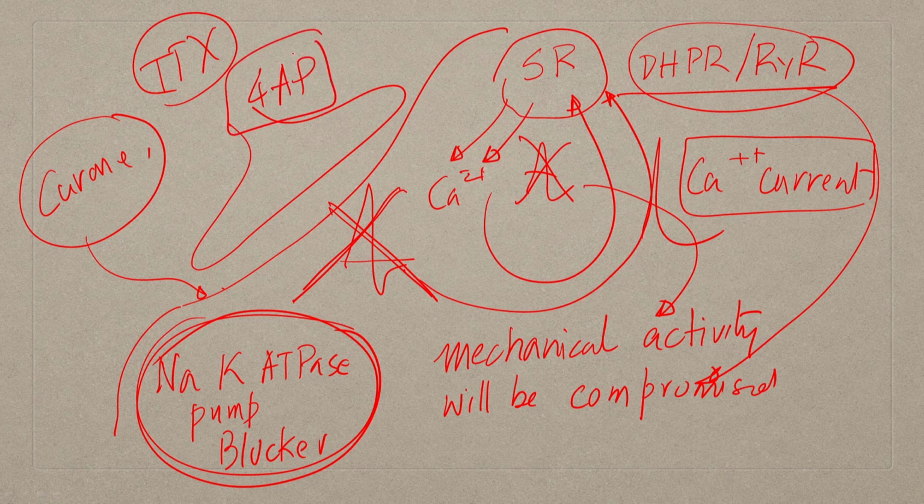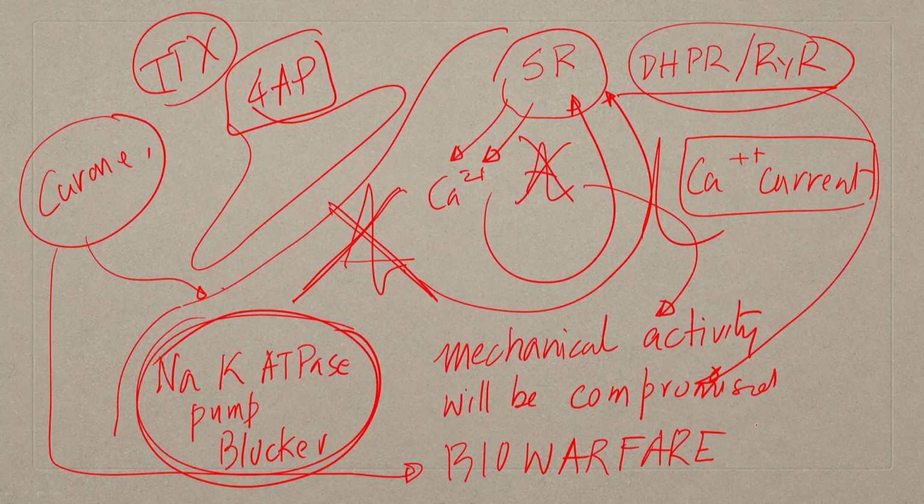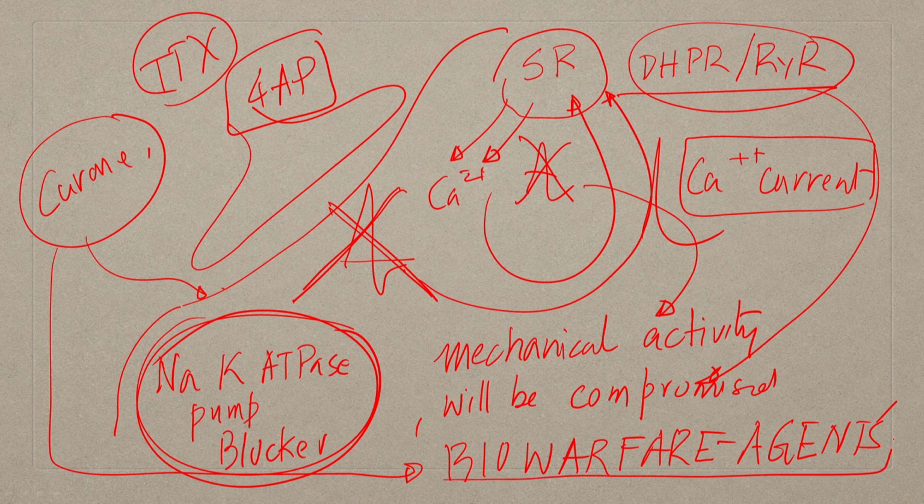You cannot openly go and buy them in the market, because under the federal laws of different countries, these are restricted compounds and they are all considered as biowarfare agents. So, possession of these kinds of compounds is just like in India if you want to carry a gun.